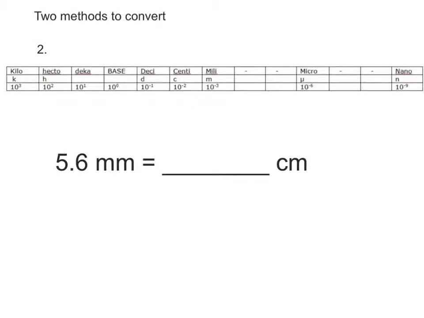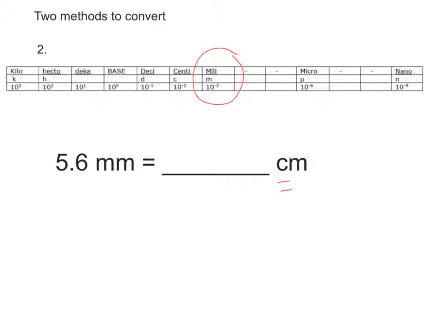Alright, for you visual folks, I'm going to show you another method of conversion. In this one, we're going to take our little table of prefixes and we're just going to walk back and forth depending on which units we're converting to and from. Okay, so for this one, we're looking at millimeters. So we find milli on our table. Okay, so here's milli. And now we're going to centimeters, so we're just going to walk over to centimeters.